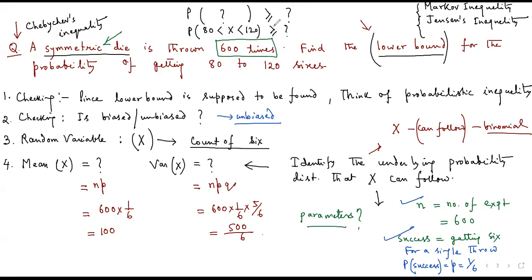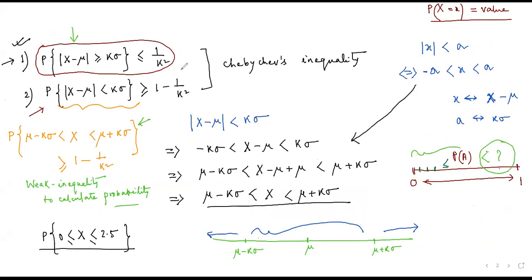Now let us look at this greater than or equal to inequality. Go to the Chebychev section. You have got two inequalities so far. This form of the inequality has a less than or equal to type, so it will not work properly.